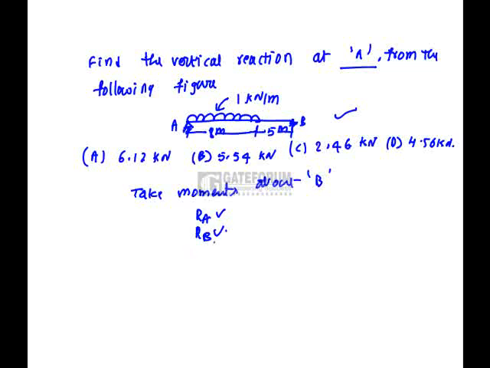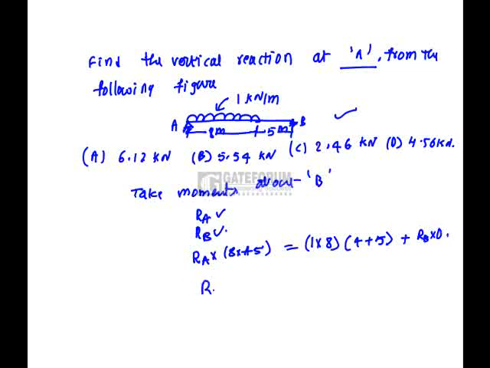So RA into 8 plus 5, is equal to 1 into 8 into 4 plus 5, plus 0, RB into 0.